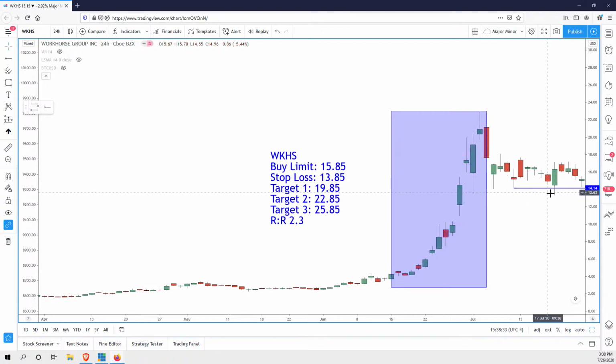So the double bottom was in place. We didn't buy the low of the double bottom, and that's another important point. When you have a double bottom or double top, you can't expect to get the best price in that formation. That price is just a point of reference, and you're looking for confirmation there. We didn't get a nice pin bar at the best price here. We got an outside bar, and this thing was pushed up nicely at this point.